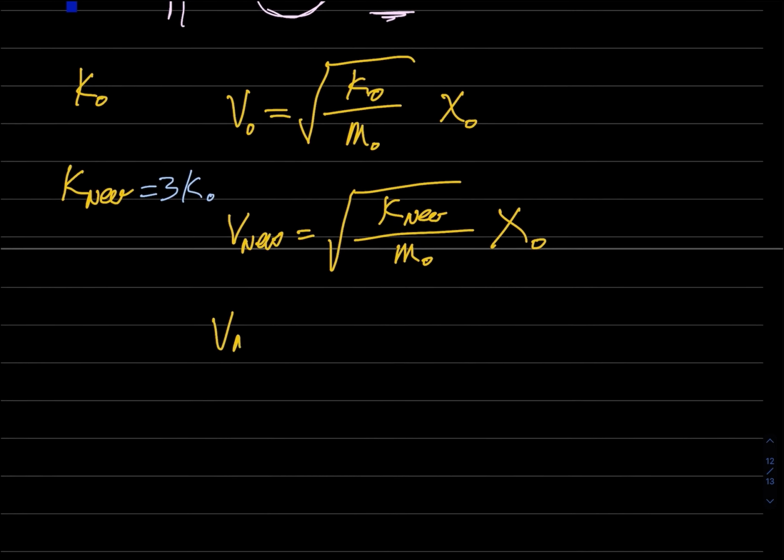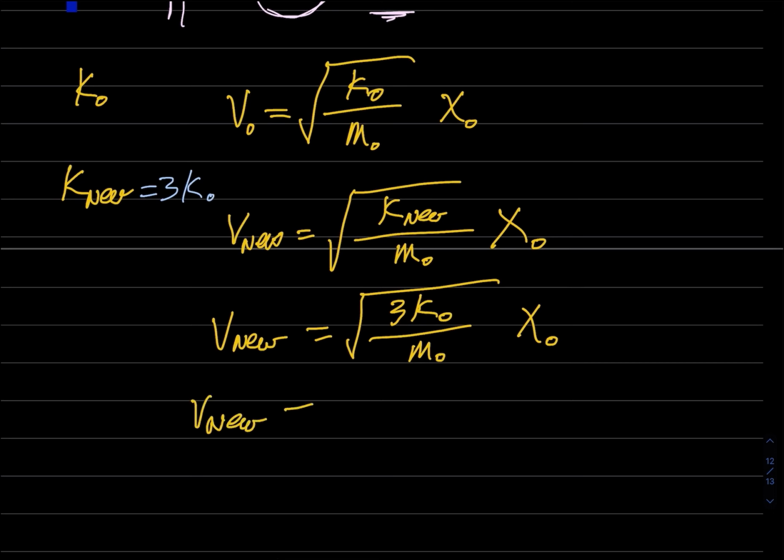The new velocity equals the square root of 3 times the old spring constant over the old mass times the old displacement. So new velocity equals the square root of 3 times the square root of k sub naught over m sub naught times x sub naught.